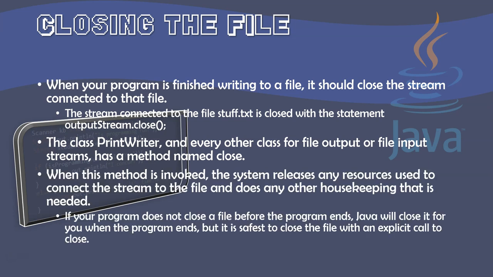When this method is invoked, the system releases any resources used to connect to the file and does any housekeeping it needs to do to clean things up behind the scenes. Of course, if we terminate our program before the closing happens, Java will automatically close it for us, so you don't have to worry about it just hanging out on your computer. However, it is safest to close the file with an explicit call because this helps prevent data integrity and corruption problems from messing things up.